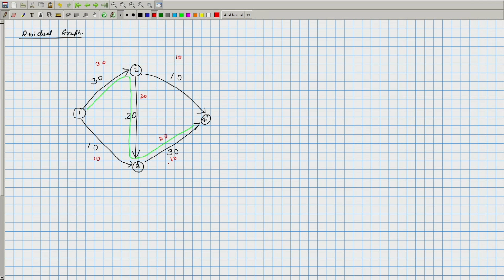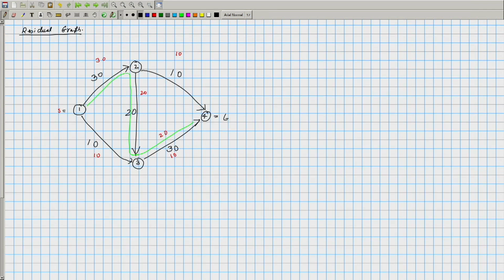So, you could send 40 units from 1 to 4. This is the source and this is the destination, and 40 units is going to be the maximum possible.